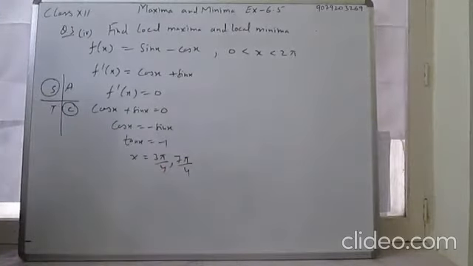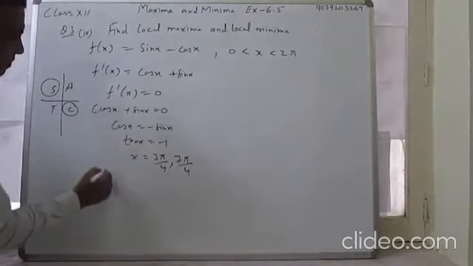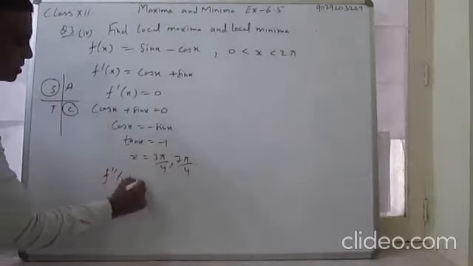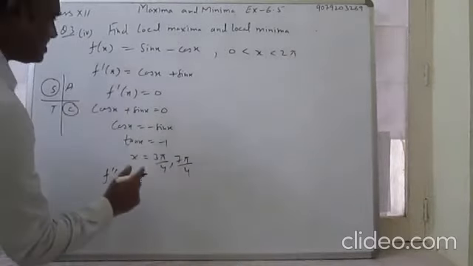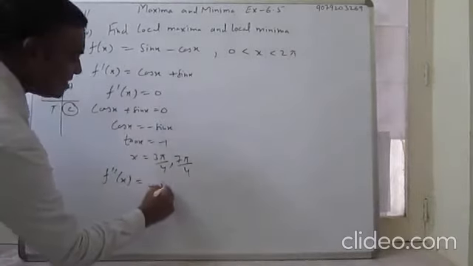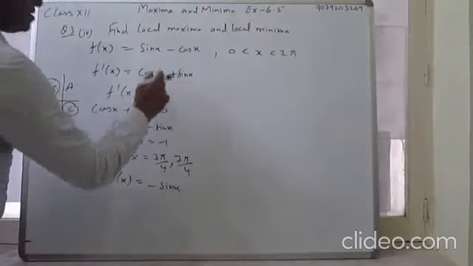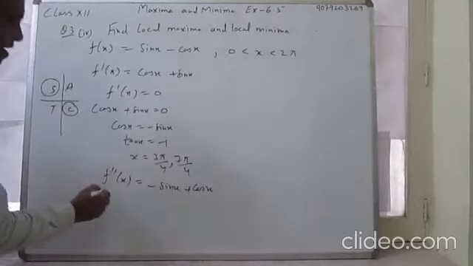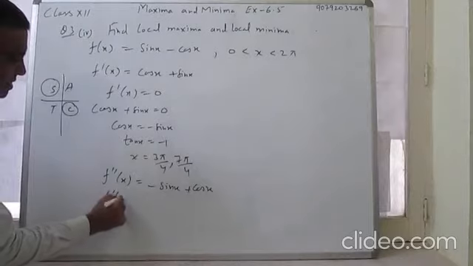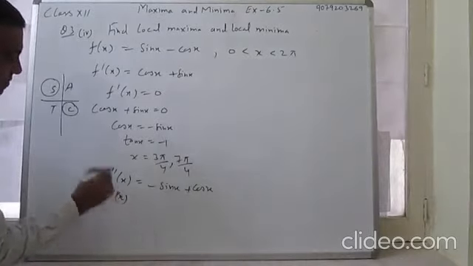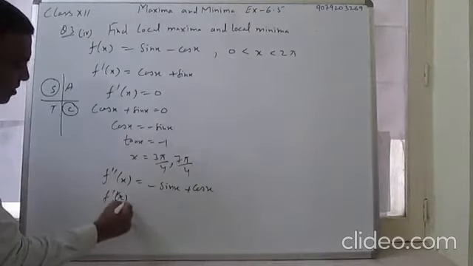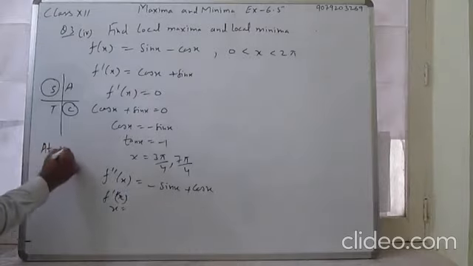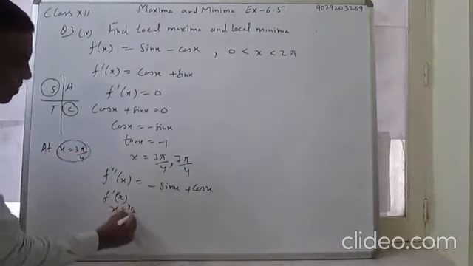These are the points. Now f double dash x is minus sin x plus cos x. Now f double dash x at x is equal to 3 pi by 4, first we take x is equal to 3 pi by 4.